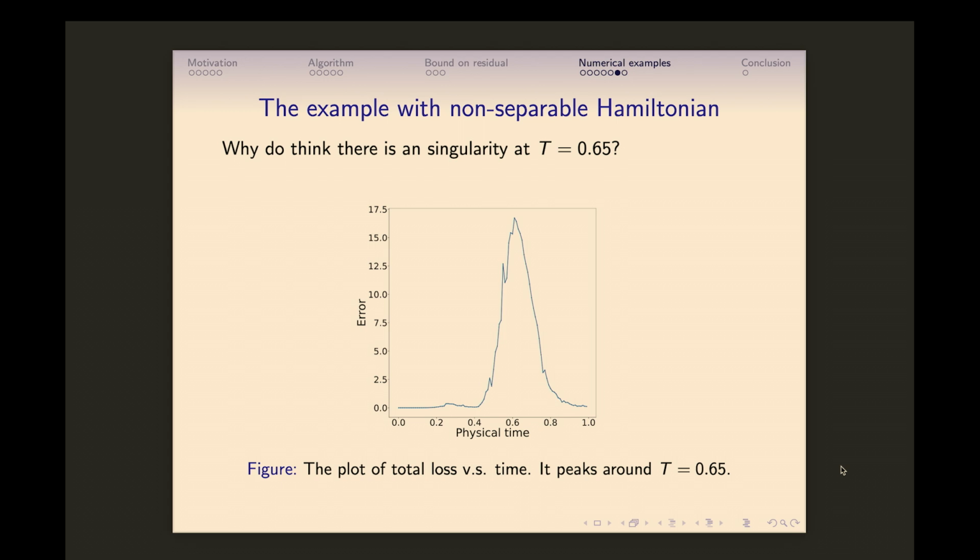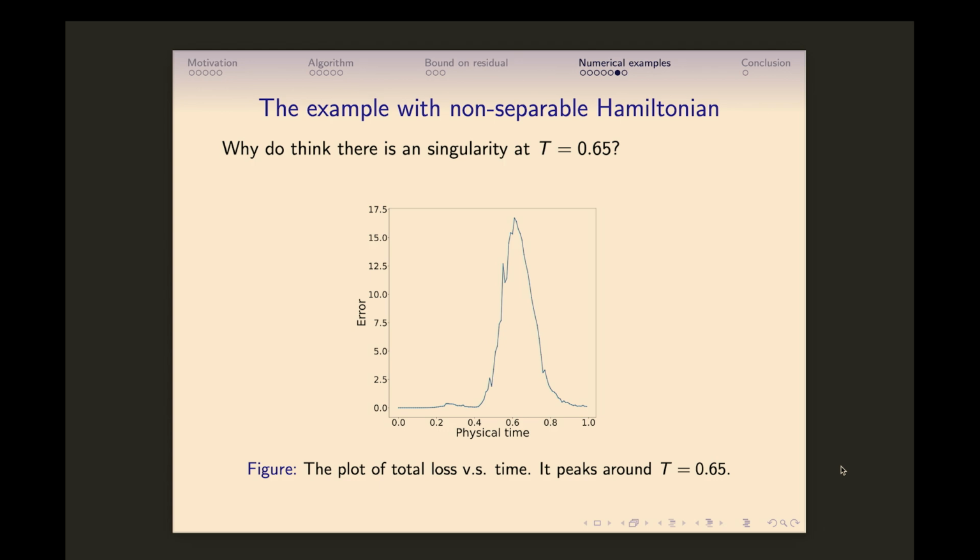If you look at the error, this is the residual, we call it, the loss function that we minimize. If you look at the loss function, it stayed pretty small all the way until you get close to 0.4, and then it starts increasing and then decreasing again.